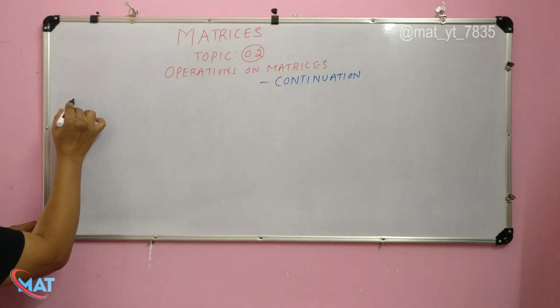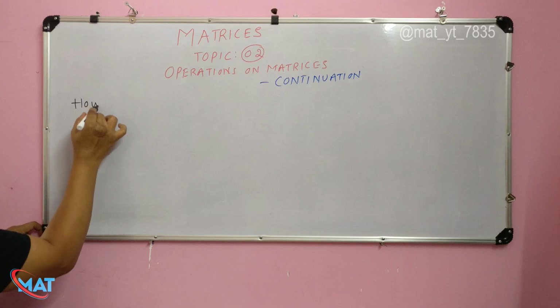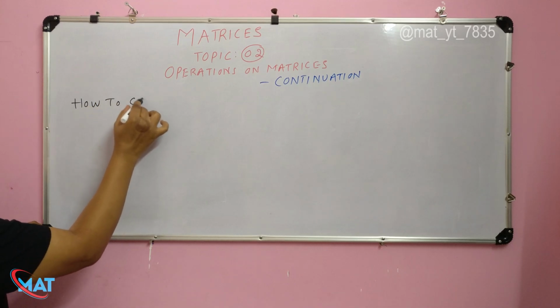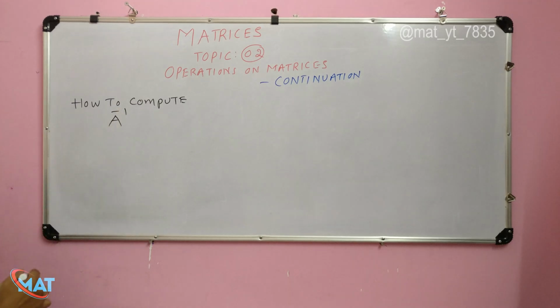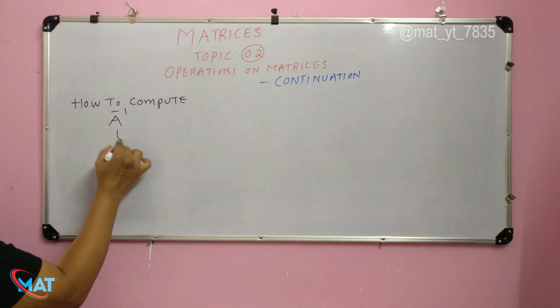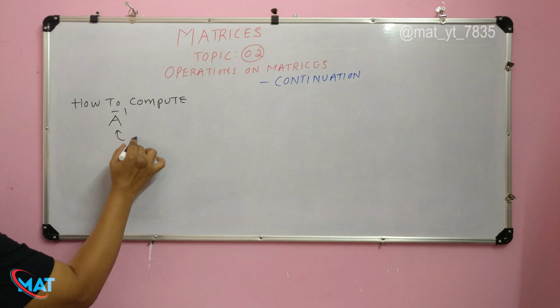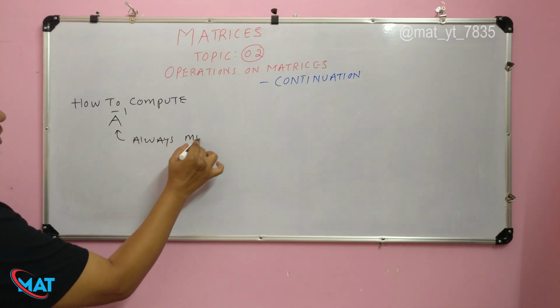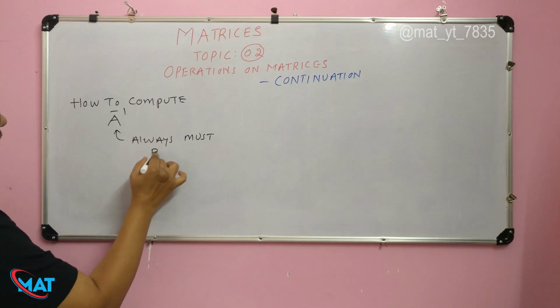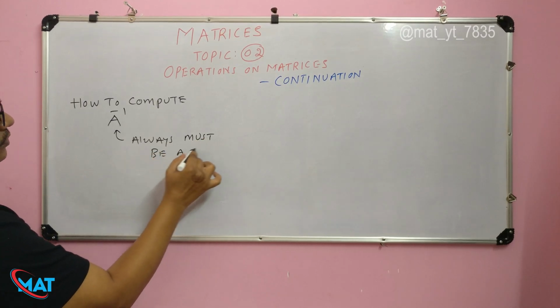Here we discuss how to compute A inverse, and this one is always a square matrix, always must be a square matrix.